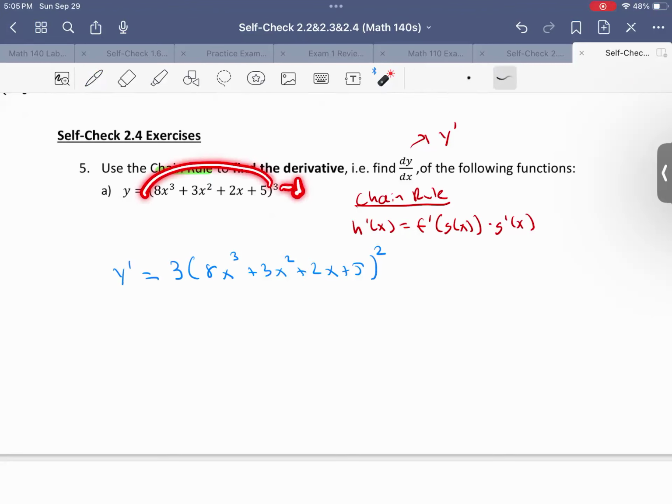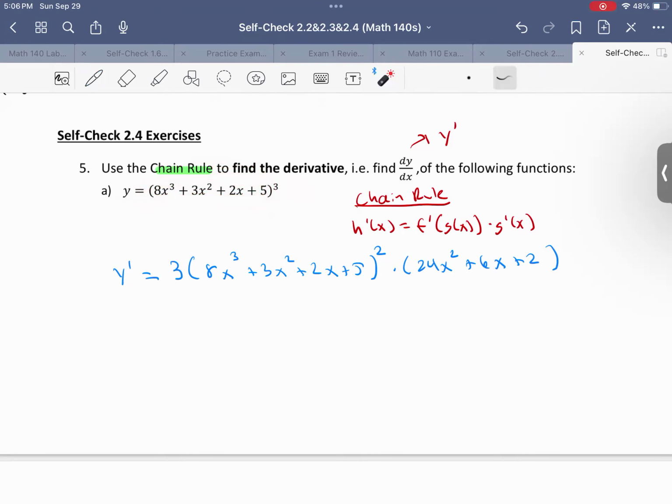That's the derivative of the outside times the derivative of the inside. So times the derivative of this guy here. So this would be 24x squared plus 6x plus 2. And that's basically taking the derivative.